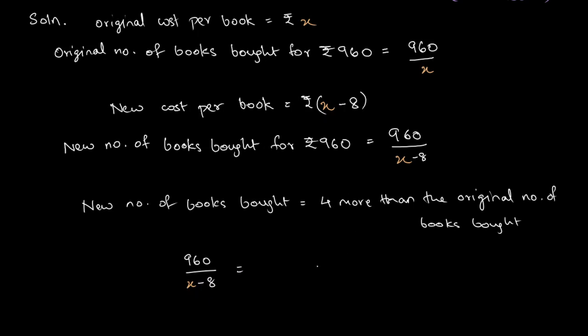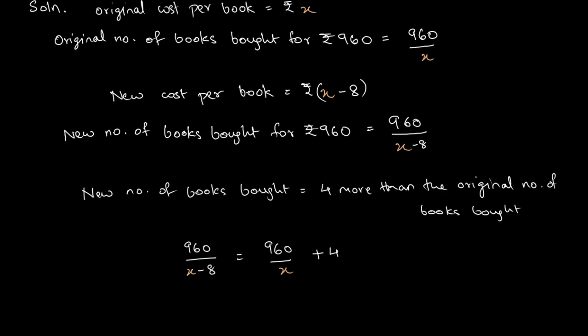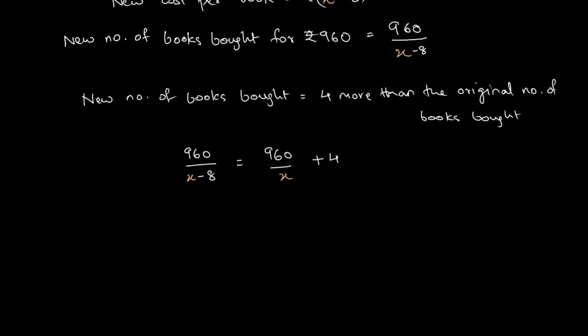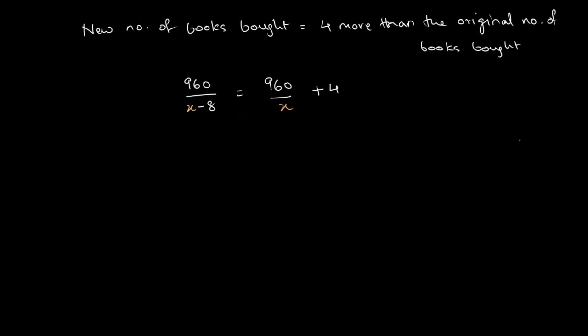If I say it is 4 more, that means it is plus 4. Plus 4 to which value though? The original number of books, and the original number of books is 960 upon X, right? So this would be the equation which I would have to simplify into a quadratic, and then I will be able to split the middle term and solve it to get the value of X, right? So let's do just that.